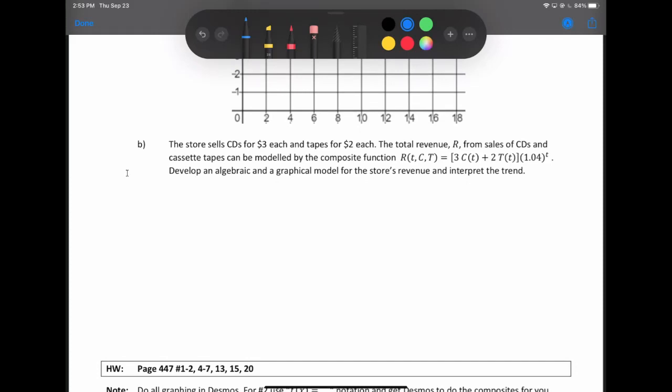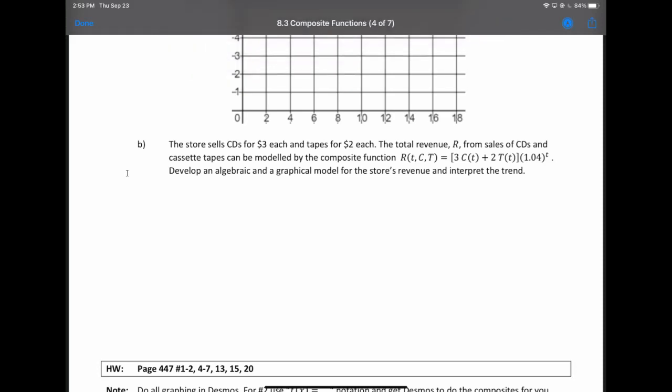I have to know the time, the CD relationship and the tape relationship in order to actually use that function. We want to develop an algebraic and a graphical model for the store's revenue and interpret the trend.